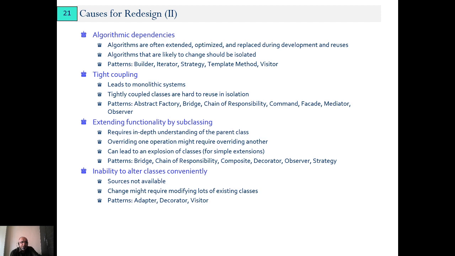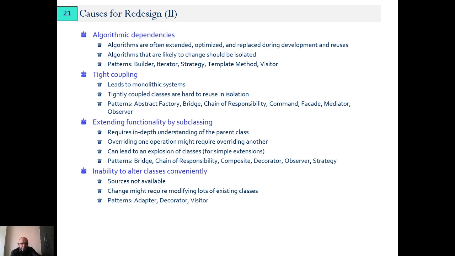The second point is about algorithmic dependencies, tight coupling, and subclassing, and having the convenience to alter the classes. If you can modify things conveniently, then you can go for adapter, decorator, and visitor.